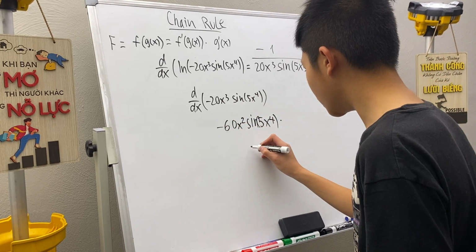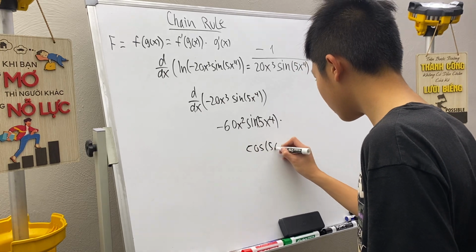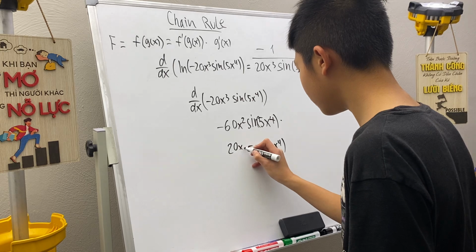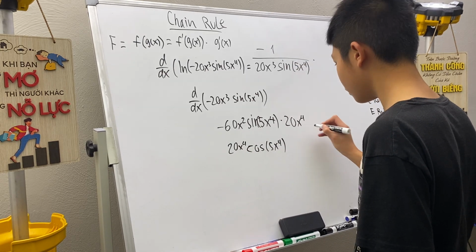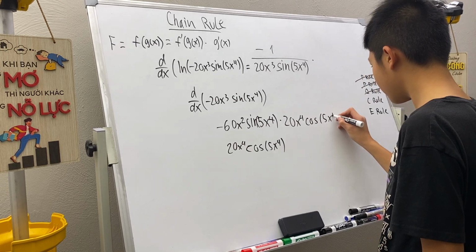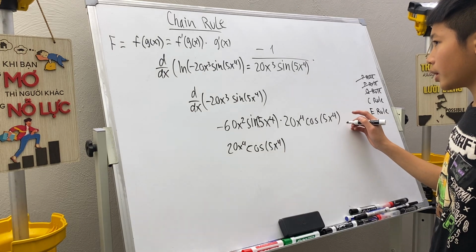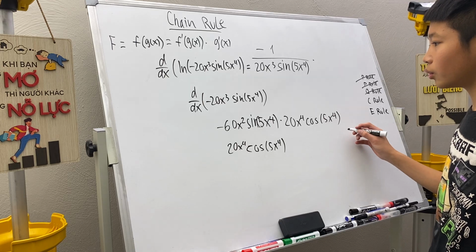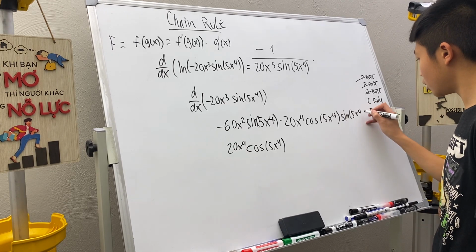Use the chain rule, you get cosine. Then multiply by f, which is sine of 5x to the fourth.